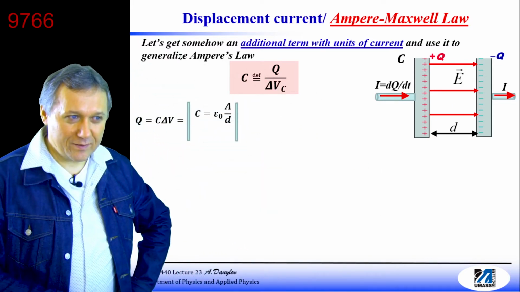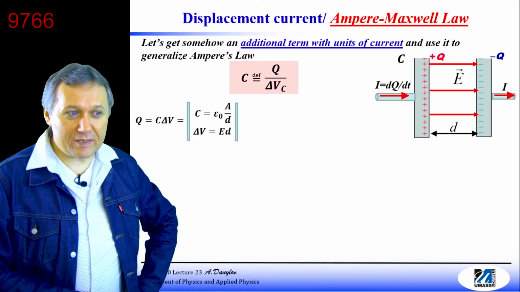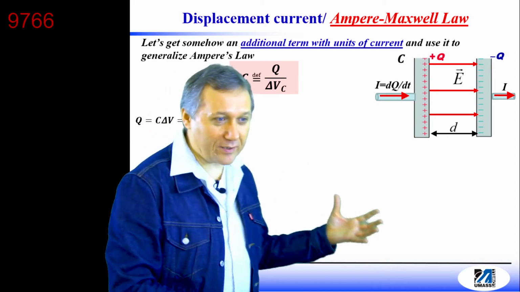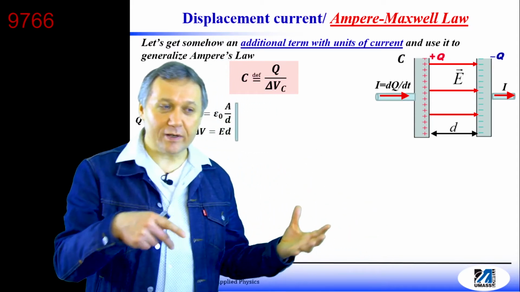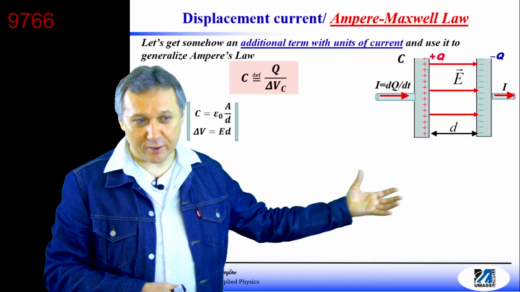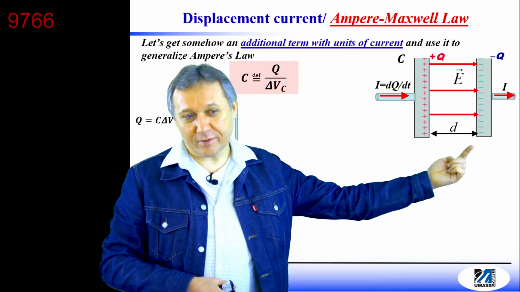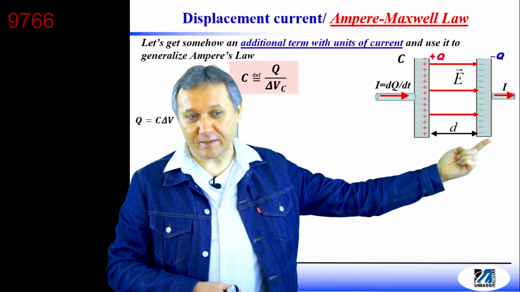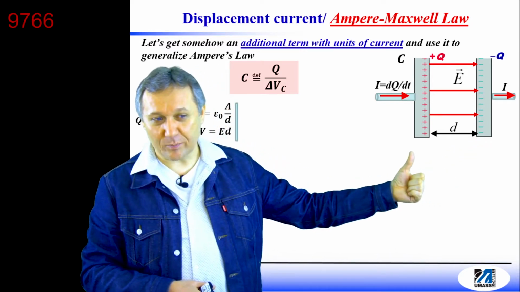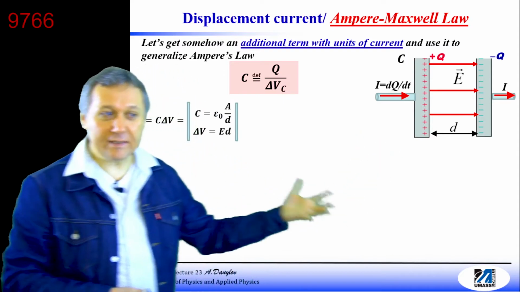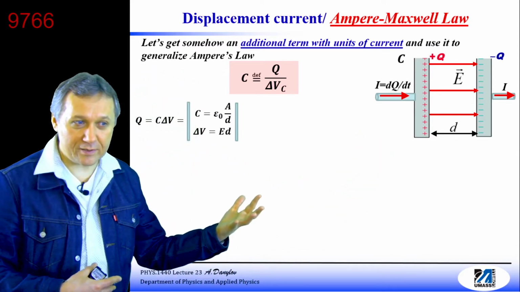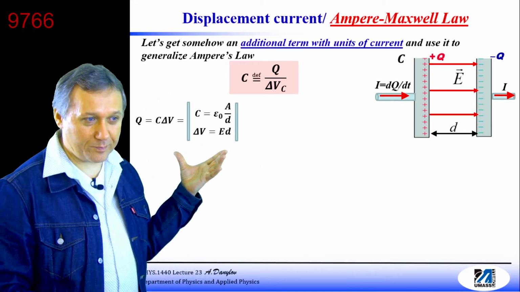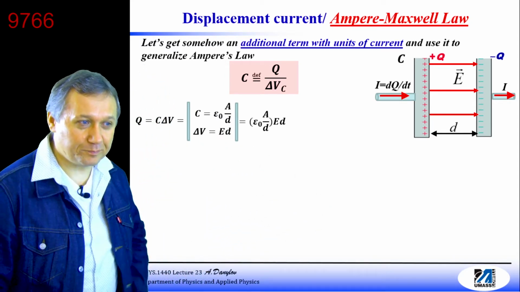The potential difference between the plates is E times D. You remember, the electric potential inside of the capacitor is E times S, where S is the distance from the negative electrode. So as a result, the electric potential at the negative electrode is 0, that's where S equals 0, and the electric potential at the positive electrode is E times D. So as a result, the potential difference, ED minus 0, is E times D. So that's what we have here. That's what I use. Okay, now let's plug it in.